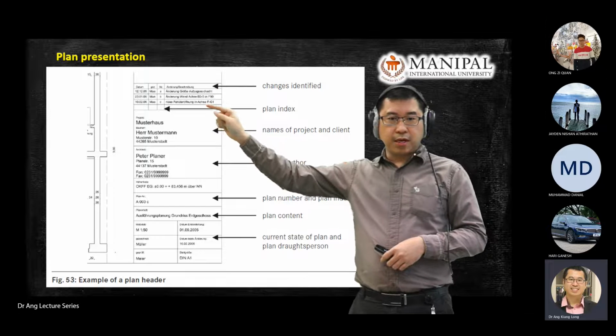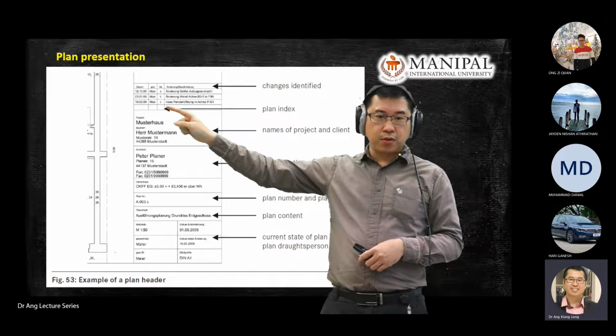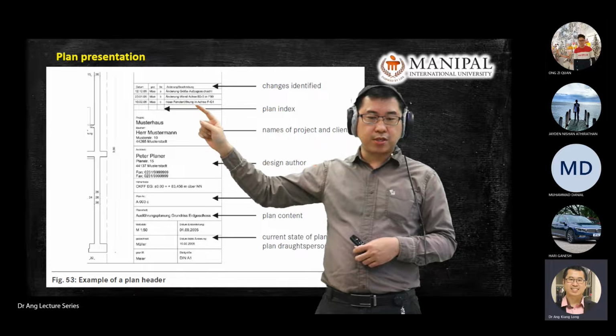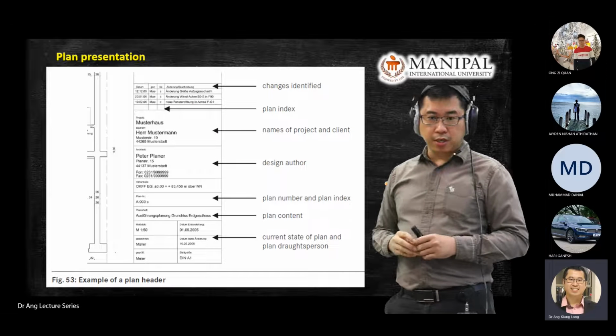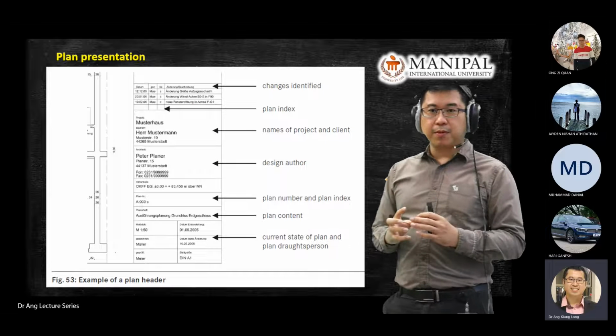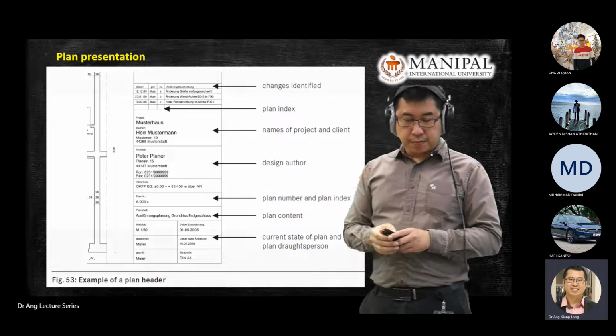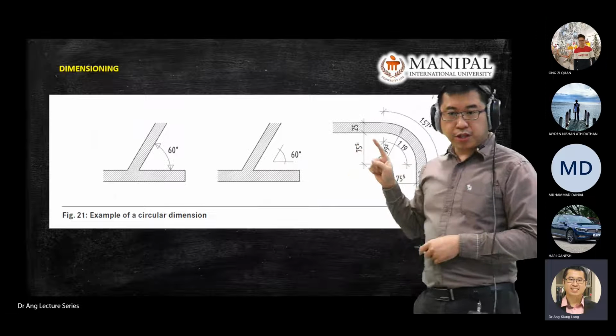So for example, revision 0. Revision 0 is nothing, but revision 1, what has been changed? When we do optimization later on, you need to change some of the parameters, right? Let's say you change this curve.